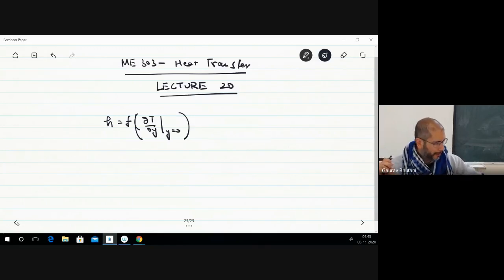But before that, we had one discussion topic left, which was the local and average heat transfer coefficient h.